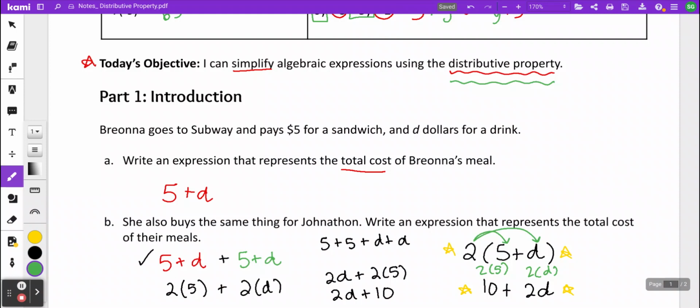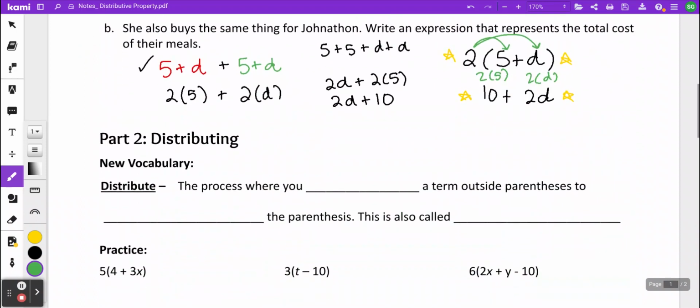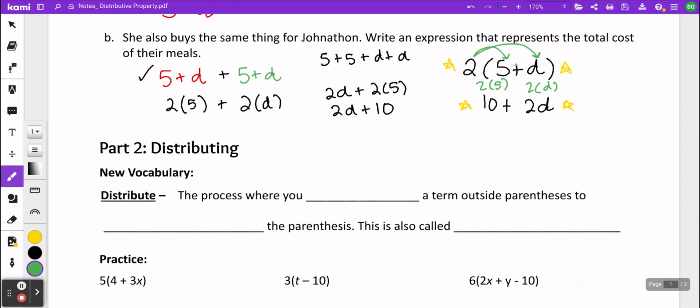And so I like to use this question here because it's related to what we've already done to help introduce this idea of what the distributive property is. In order to do this math, we would say I need to distribute the number 2, which just means multiply. So let's jump over to that vocabulary we're going to be seeing today. We said this right here, the part I did in green, is what we call distribute or distributing.